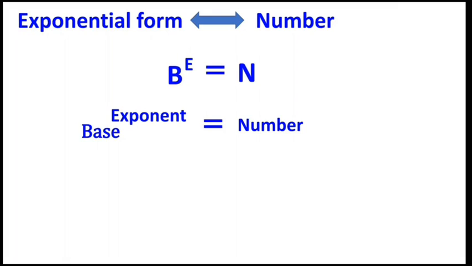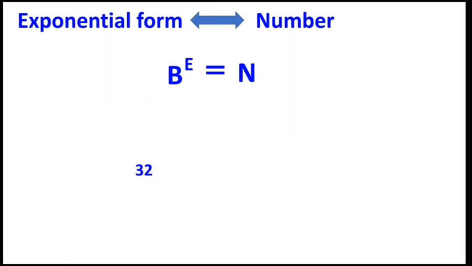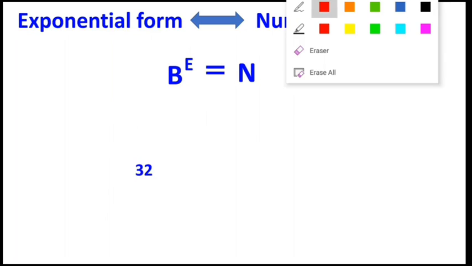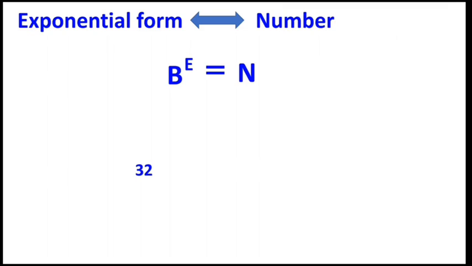So for example, the number 32. I could write 32 in exponential form. How would I do that? Well, if I continuously divide 32 by prime numbers, I could get what are called prime factors.